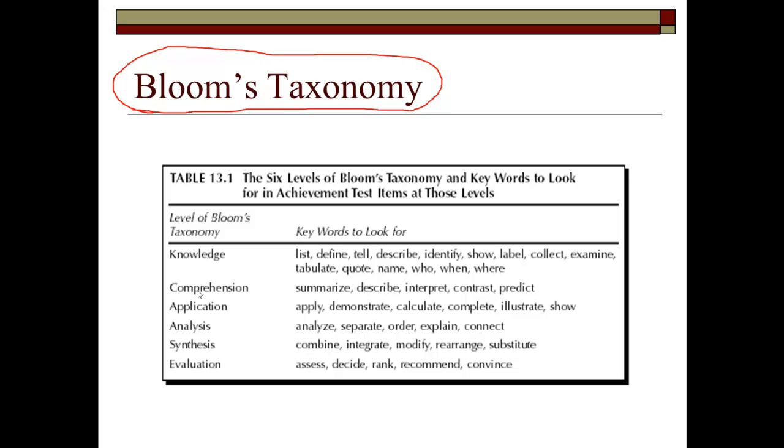So look at the things that you're trying to test for: knowledge, comprehension, application, analysis, synthesis, evaluation, and look at all of the descriptive words that describe that. You would see those kinds of words in your test questions. And these address a higher order of learning than just memorization.